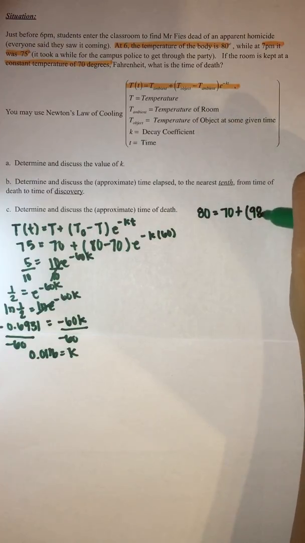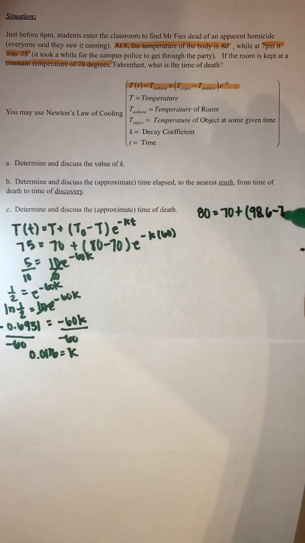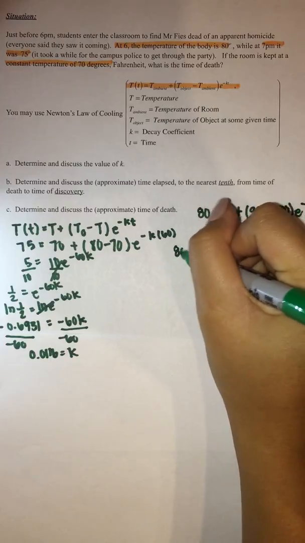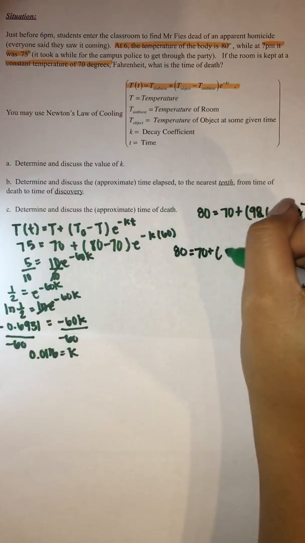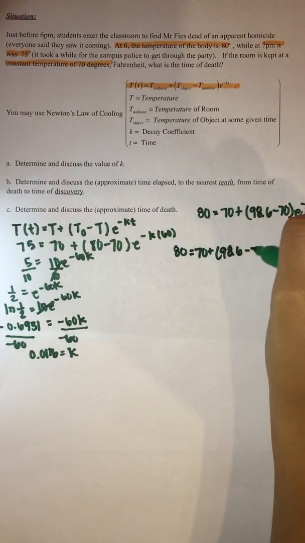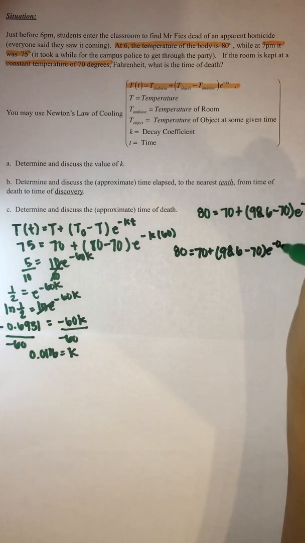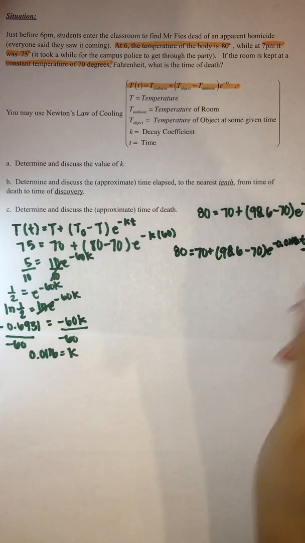So 98.6 minus 70 e to the negative 0.0116 t. Oh, you can't see that. Here, I'll read it. 80 equals 70 plus (98.6 minus 70) e to the negative 0.0116 t.